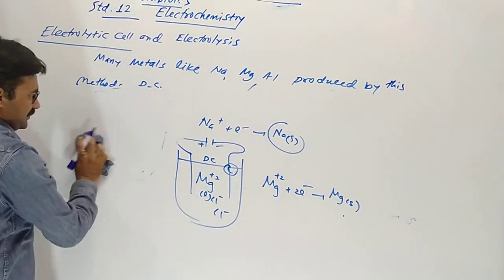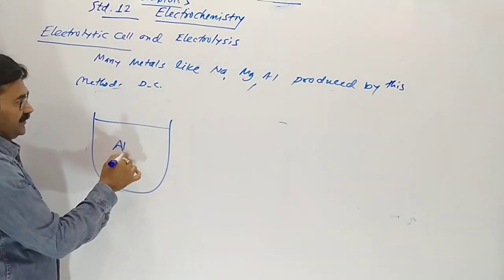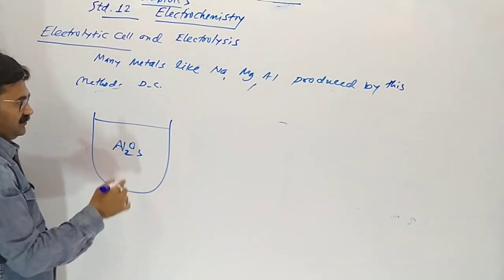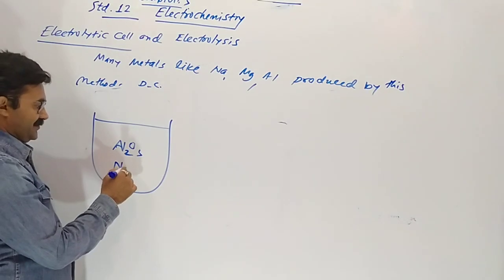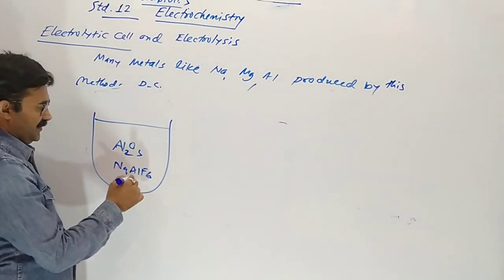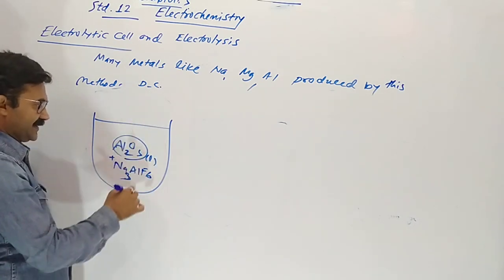Suppose cryolite with alumina at high temperature. In standard 10, you have learned about cryolite. In aluminium extraction, when we add cryolite, the melting point is lowered.